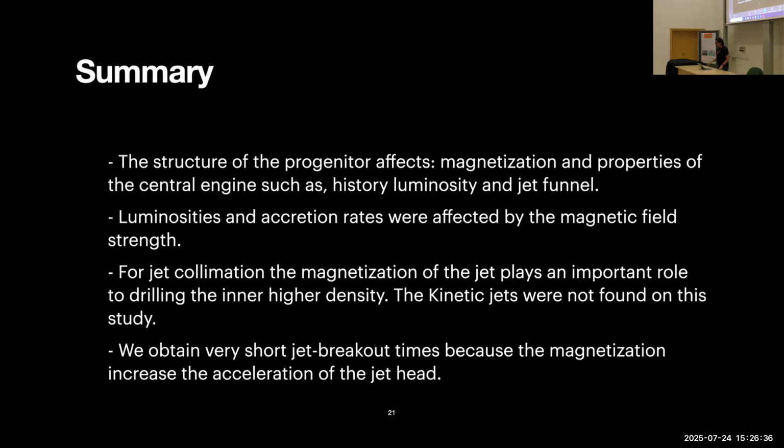The luminosities are in a range of 10^52 to 10^53, and we obtain different shock breakouts, but it is also affected by the progenitor star. We also change the magnetic field strength and the topology, and it modifies the jet opening angle, and whether it successfully breaks the star or not.